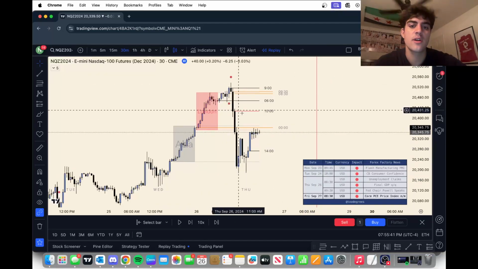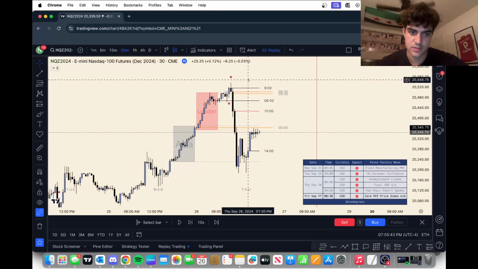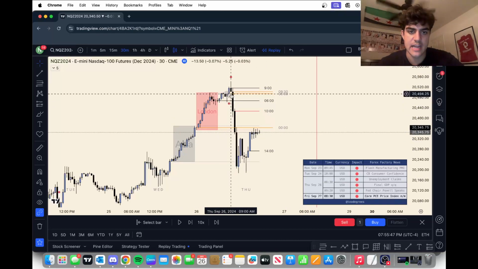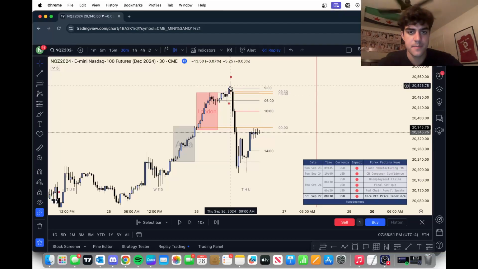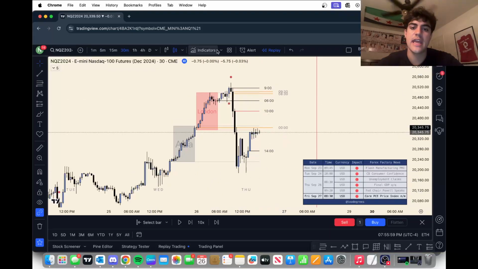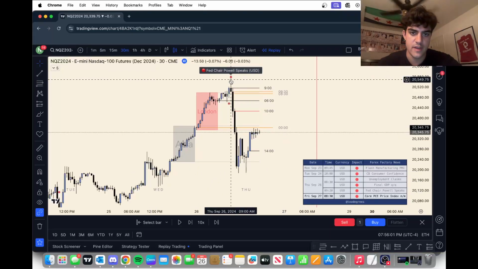This is very important when understanding the daily profiles of how you can use this 9 o'clock, because most of the time, if we're expecting a one-sided news delivery, 9 o'clock will be the high of day or will be the low of day. It might be high of week, it might be low of week. Right now, it's very possible that we get a high of week profile with the Fed, with Powell's speaking right here.